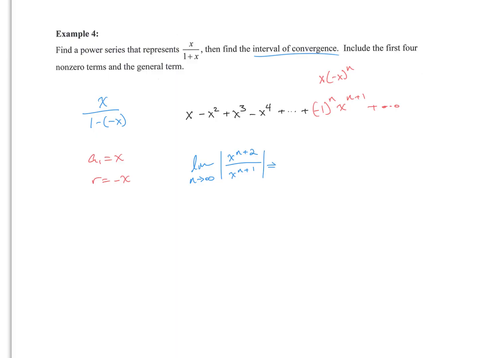And so that goes to what? Absolute value x, which I want to be what? Less than 1. And so now, what is my interval of convergence? It'd be negative 1 to 1. All right. Now, could you test the endpoints? Yes. However, on geometric power series, they always fail.